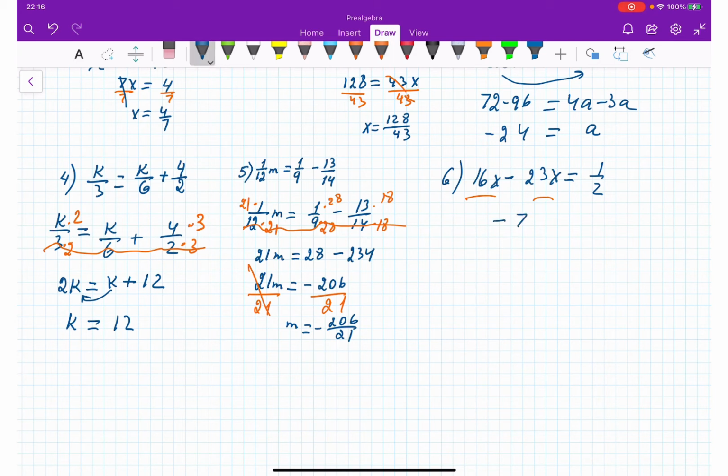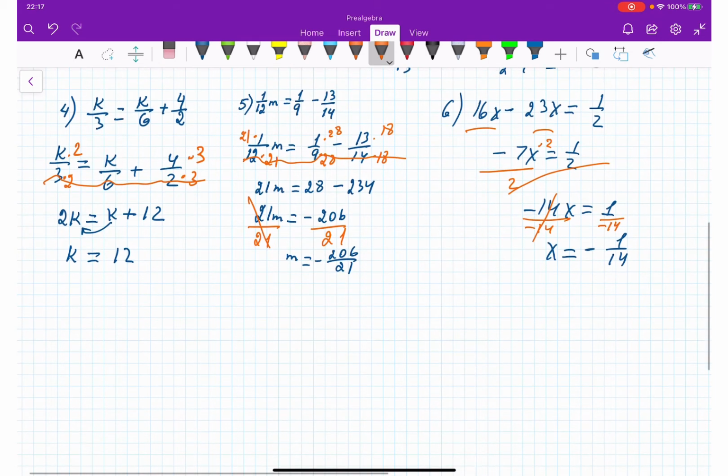Negative 7x equal 1/2. Let's bring this one to common denominator. So common denominator is 2. So divide by 2, multiply by 2, and dropping these 2. And I get negative 14x is equal to 1. And x is equal to negative 1 over 14, because we're going to divide here by negative 14 and divide here by negative 14. And the answer is negative 1 over 14.